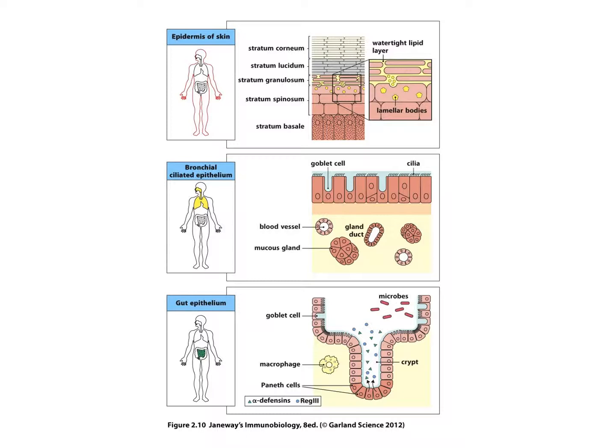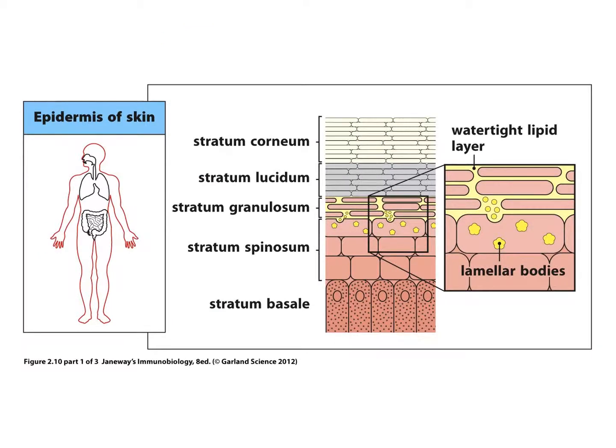Underlying cells here that are still alive have those lamellar bodies, those granules of proteins, the defensin proteins. They will begin releasing. So as you look up at the close-up here, the lamellar bodies, which were still within the living cells, will begin releasing, flooding this lipid layer between the dead keratinized cells with these defensin proteins.